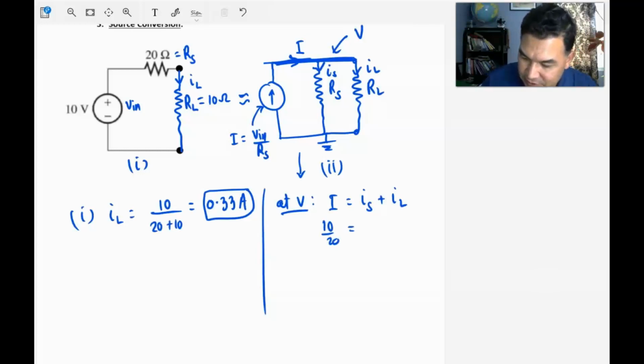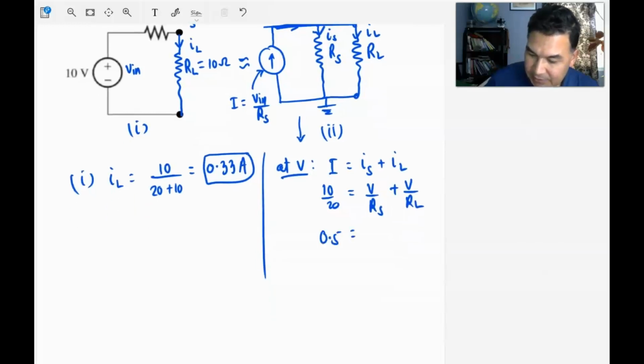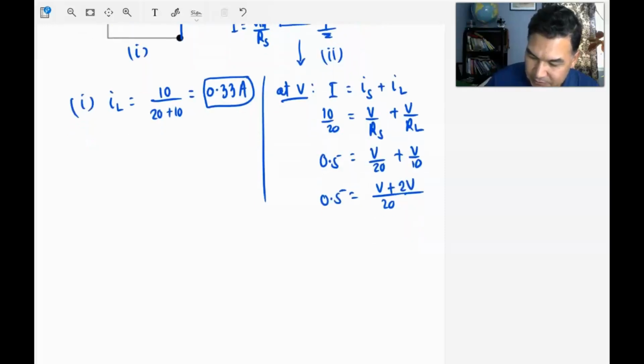So it's V divided by 20 plus V divided by 10, which equals half. Simplifying, V plus 2V is 10, so 10 equals 3V. So V is 10 over 3, which is 3.33 volts.